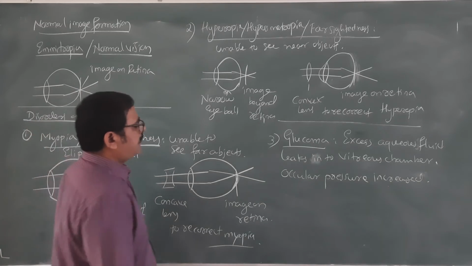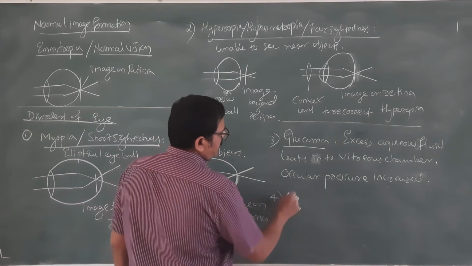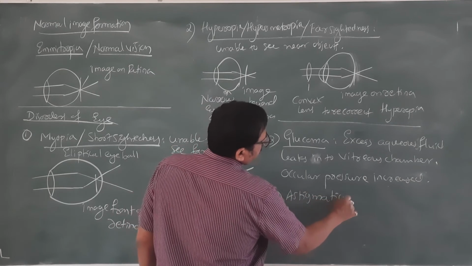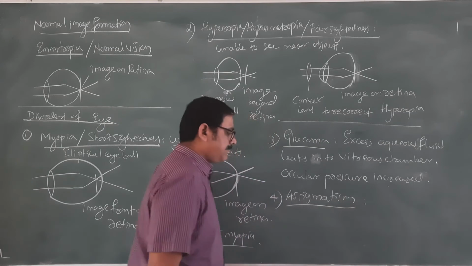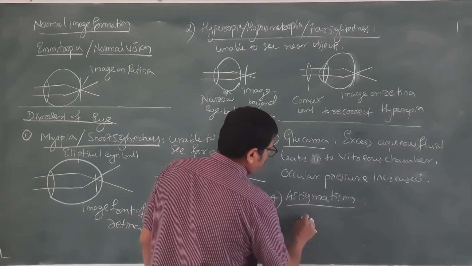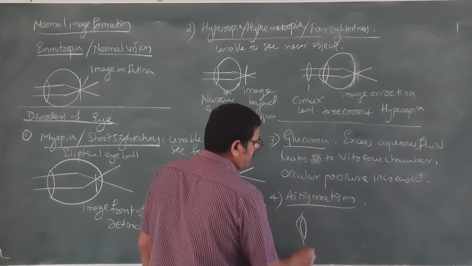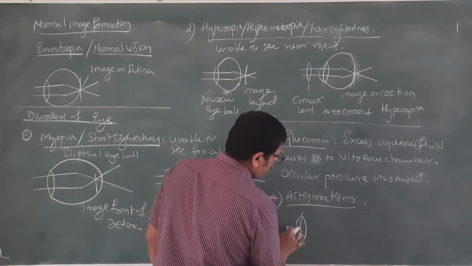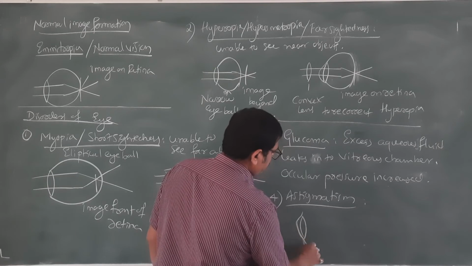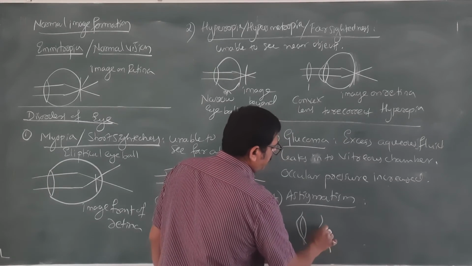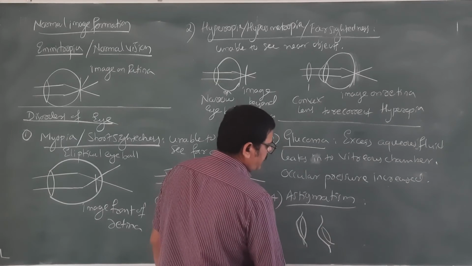There is one more disorder, astigmatism. What is this astigmatism? Here is the lens and the cornea, but they are dislocated. Imagine this is a normal condition, but here the cornea is mainly fine while the lens is disoriented.